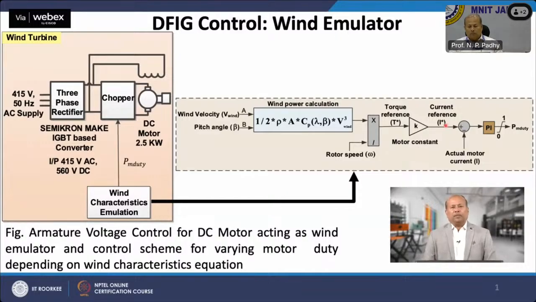The current reference is then compared with the actual current of the DC motor. The compared result is sent to the PI controller, thereby obtaining the switching pulses.